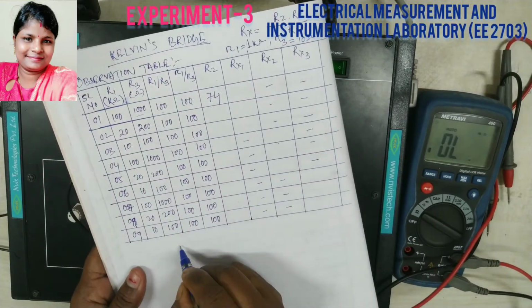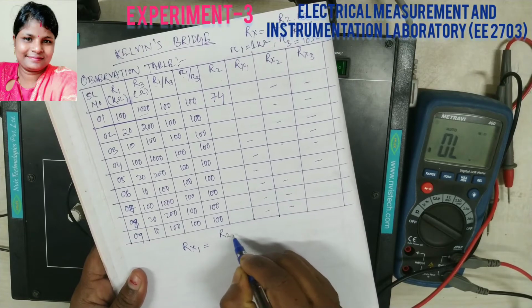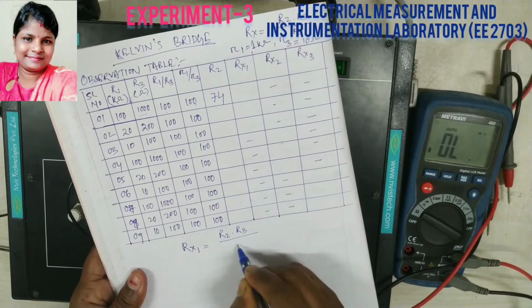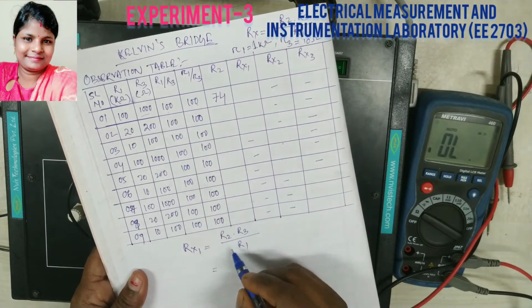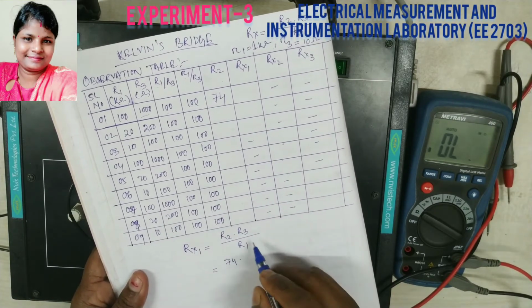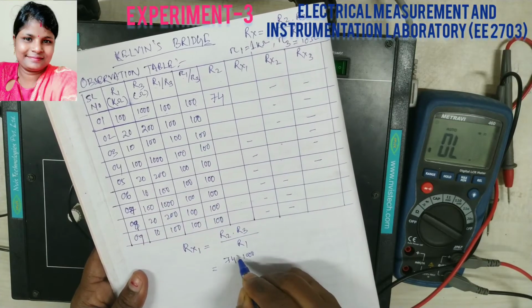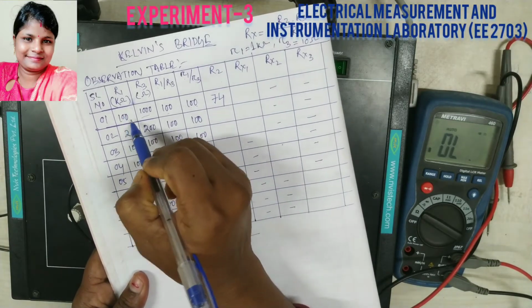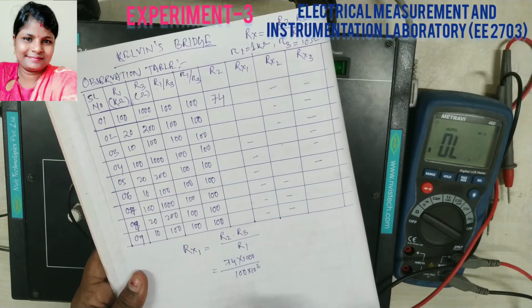Rx1 equals R2 into R3 by R1. So R2 is 74 into R3 is 1000 ohm, divided by R1, which is 100 kilo ohm, so 100 into 10 to the 3.